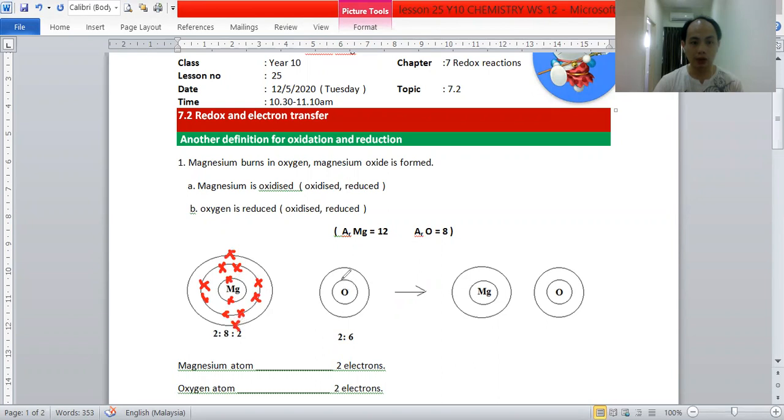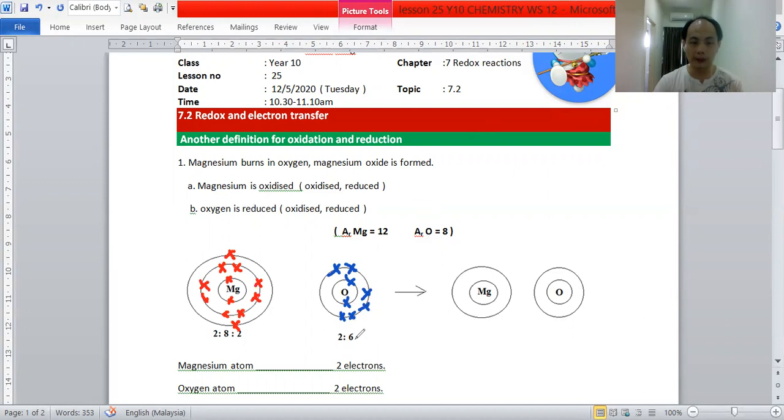What about oxygen? 2, 6. Let me use blue. 2 here, and the outer shell has 6. As we know, oxygen is not stable.